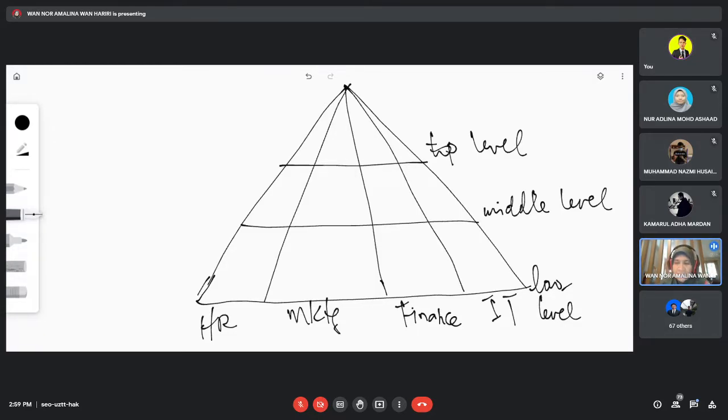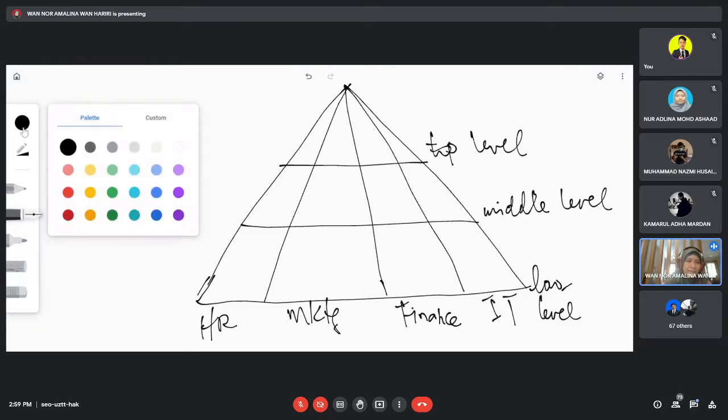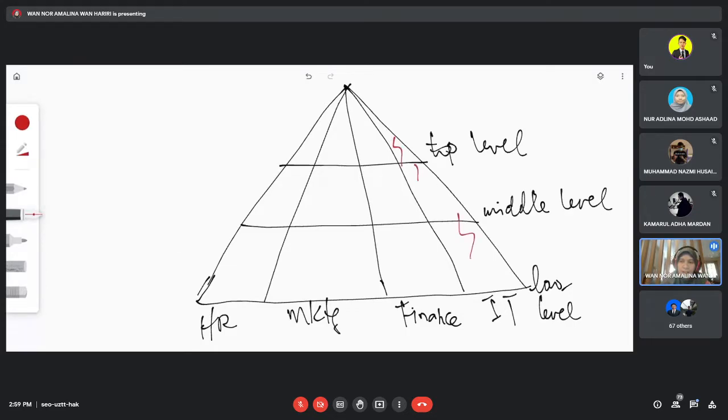So for instance, let's say the IT department ni nak buat projek, dan memerlukan people from HR. Dia tak boleh simply minta somebody from HR from this level to join their project macam tu je.